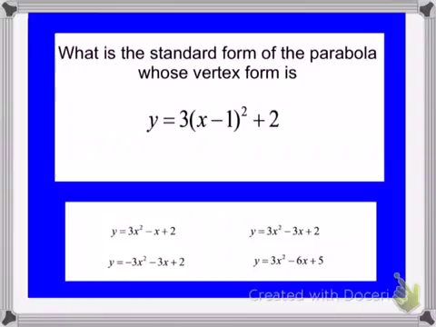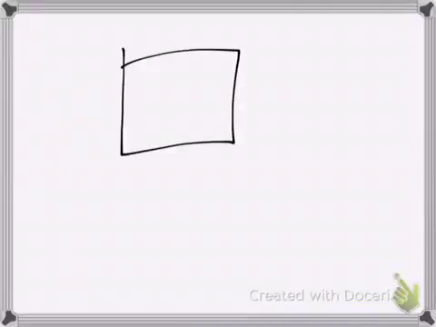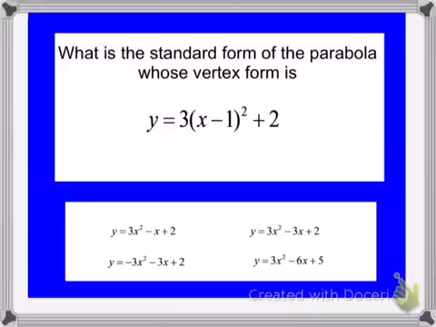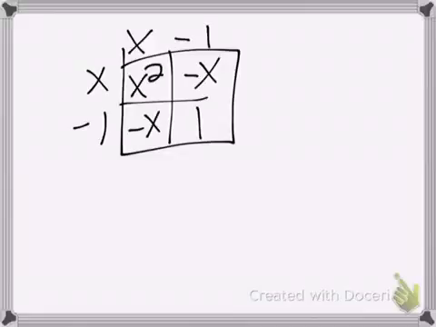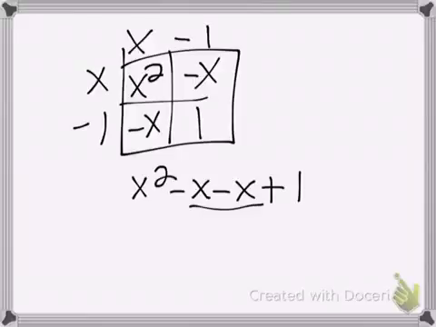Alright, right here, what is the standard form of the parabola in vertex form? So right here, what we're going to do is use our box method. So we have (x minus 1) squared, so that's going to be (x minus 1)(x minus 1). Gives me x squared minus x minus x plus 1. Combine like terms. x squared minus 2x plus 1.